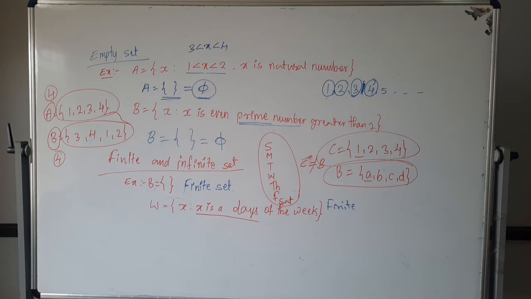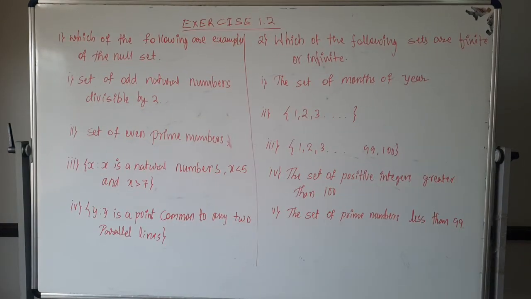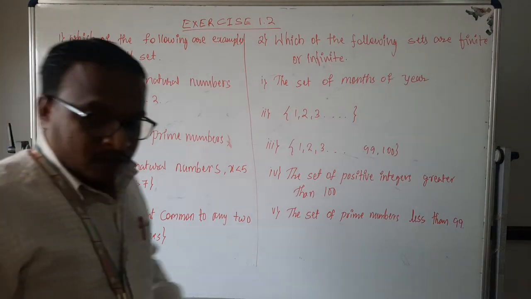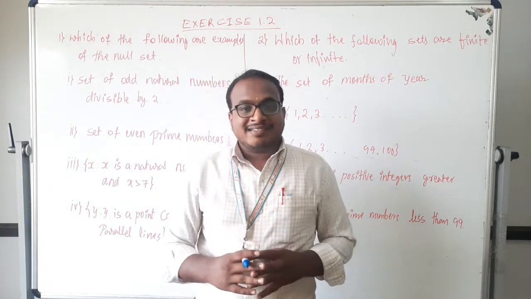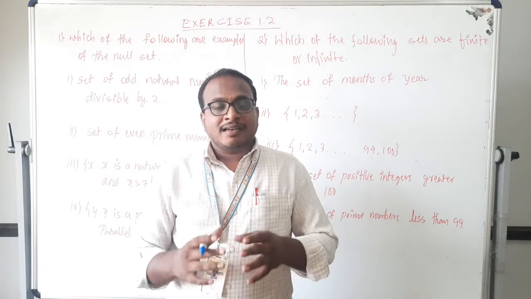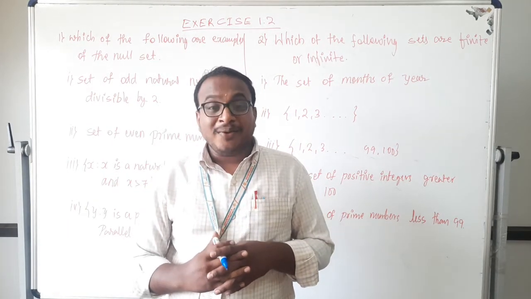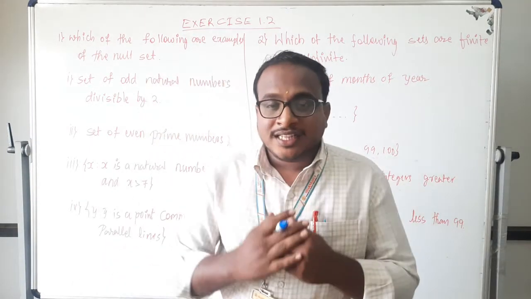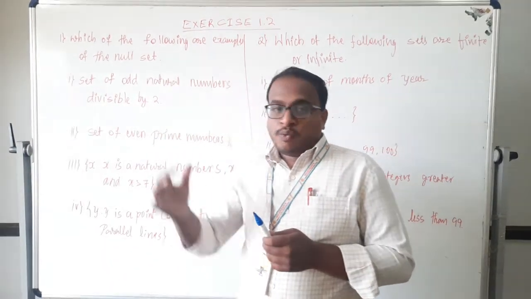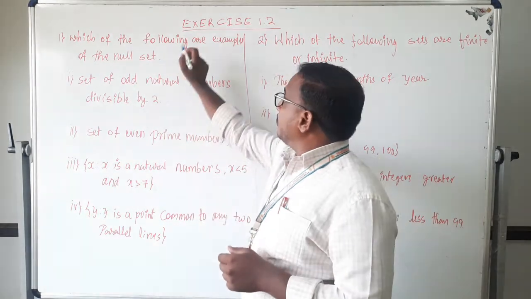Okay, pause the video and note down the examples. We have discussed the empty set, finite set, infinite set, and equal set, right? By using those definitions, we have exercise 1.2.